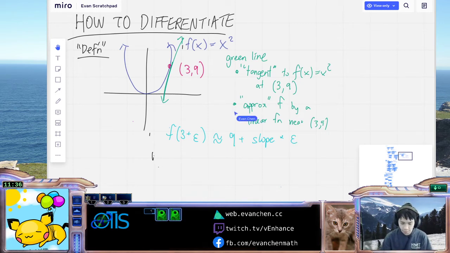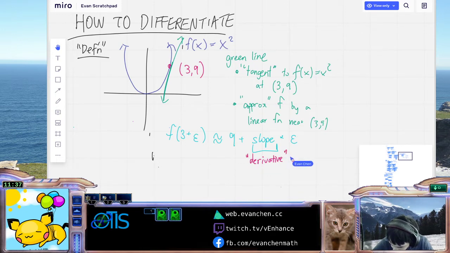So that's what the derivative is trying to do. And what we do is we give this thing a name. I have a line, it passes through a point, so all I need to do is tell you the slope. This slope is called the derivative of f at 3, and we write this as f prime of 3.